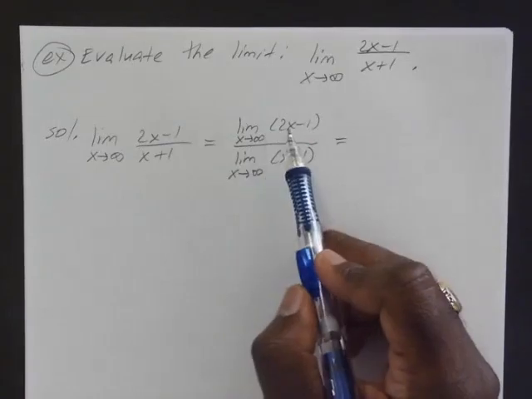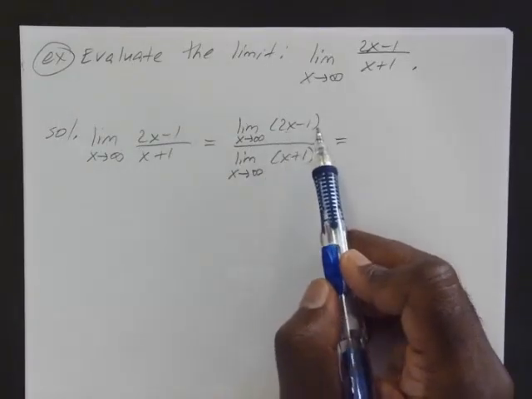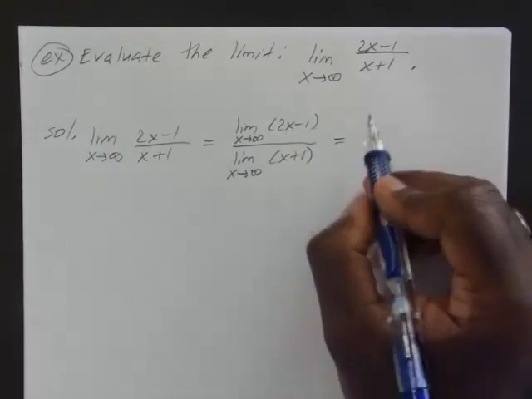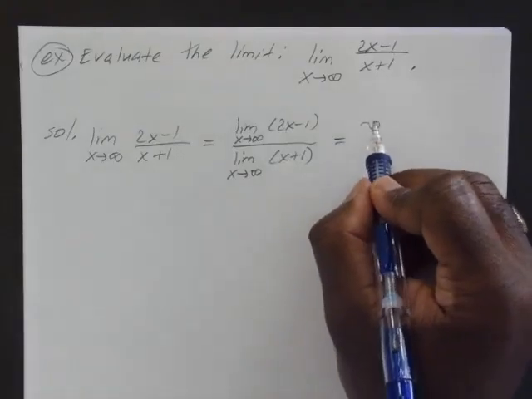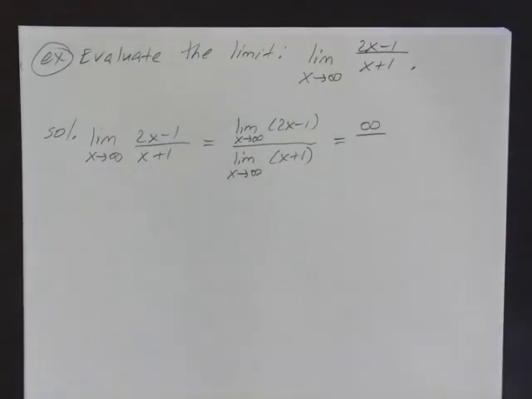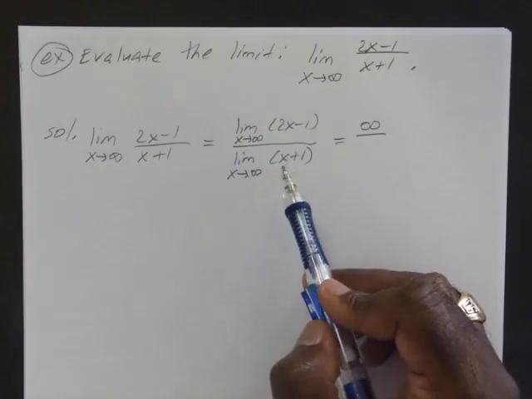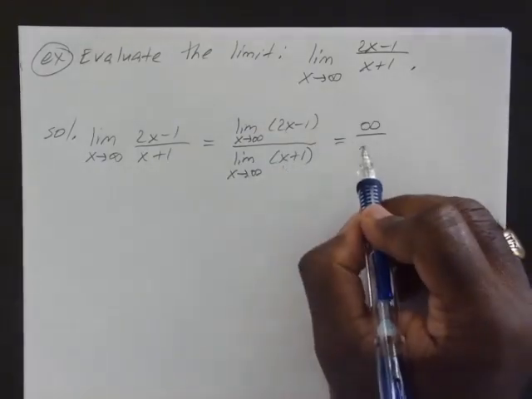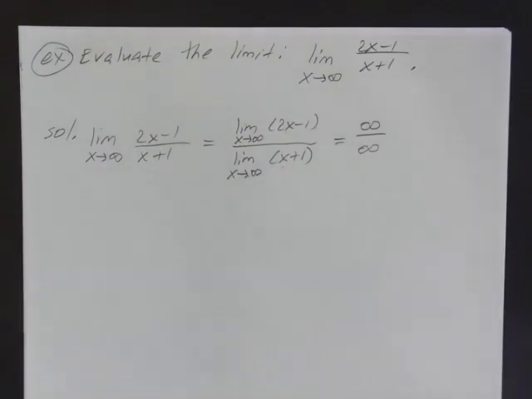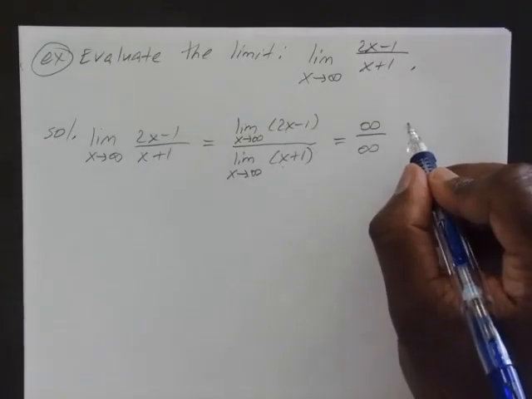Okay, so we know that as x gets bigger and bigger, our numerator just gets bigger and bigger. And as x gets bigger and bigger, our denominator would just keep getting bigger. So that's infinity over infinity, which really doesn't give us an answer because that's called an indeterminate form.